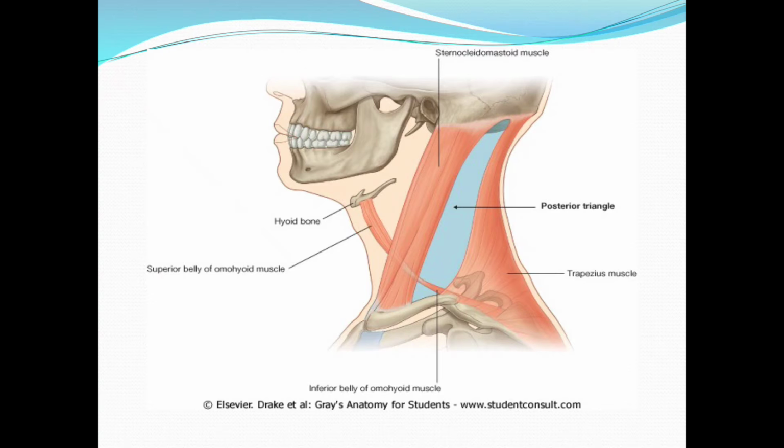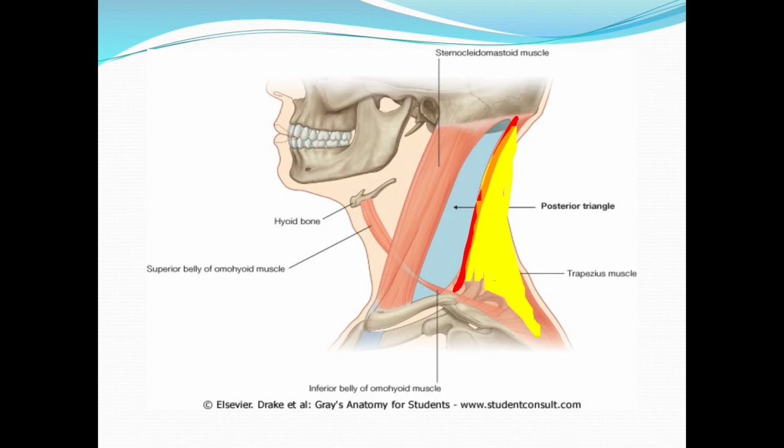Now coming to the posterior boundary. This is the trapezius muscle, which I am marking with yellow color, and the boundary I have marked with red color.